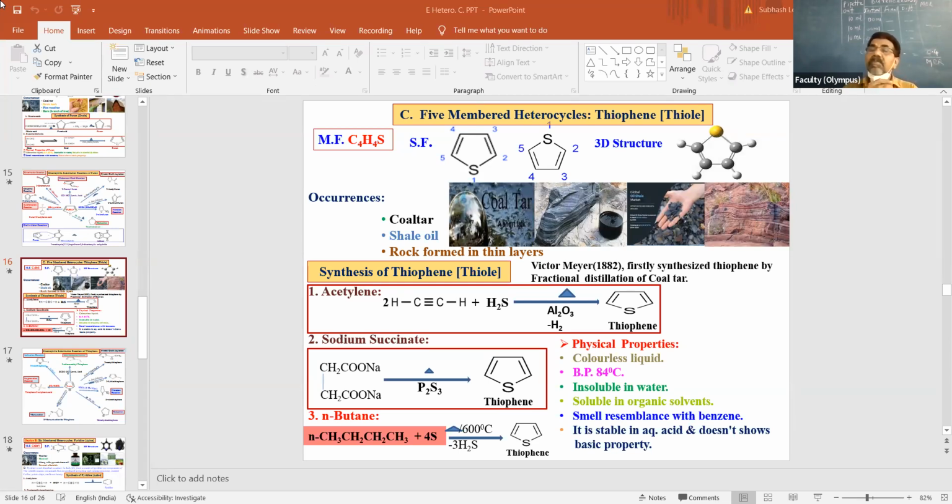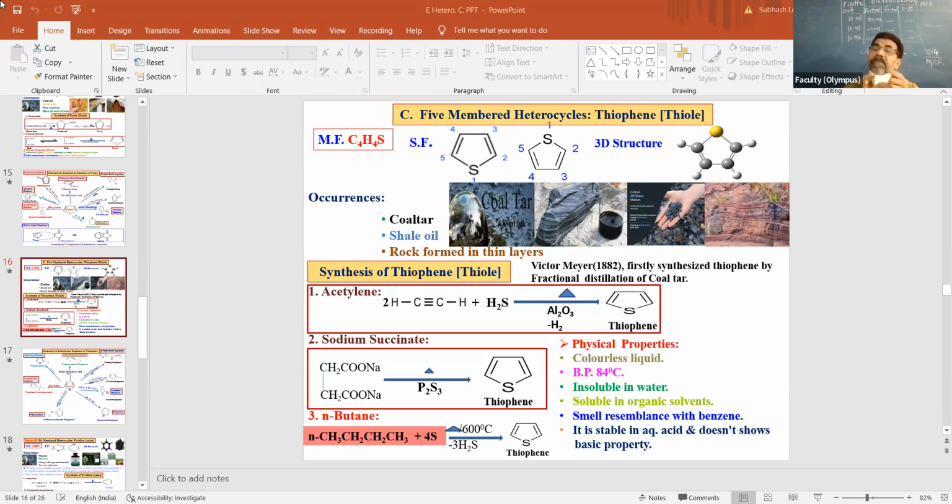And the third preparation method is from n-butane. N-butane, whose structure we already know, CH3, CH2, CH2, CH3, and 4 molecules of sulfur at a very high temperature, above 500 degrees, passed through a red hot tube, you will obtain the thiophene molecule. So these are the 3 synthetic methods.